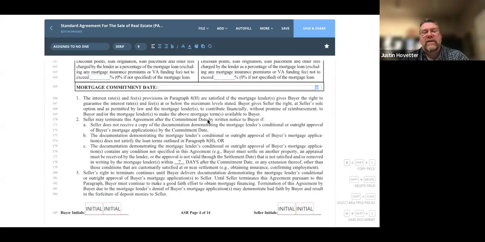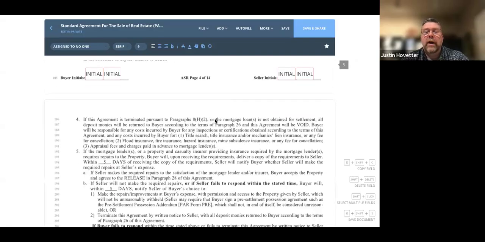So if the seller terminates based on A, B, or C here, or the mortgage loan is not obtained for settlement, all deposit monies will be returned to buyer according to the terms of paragraph 26, and this agreement will be void.